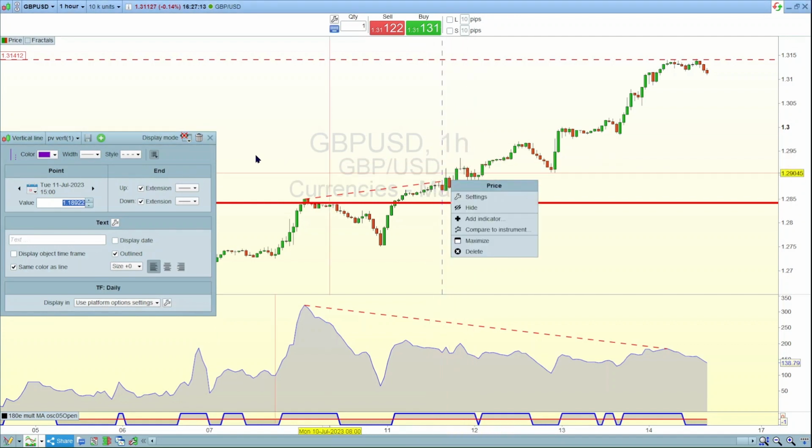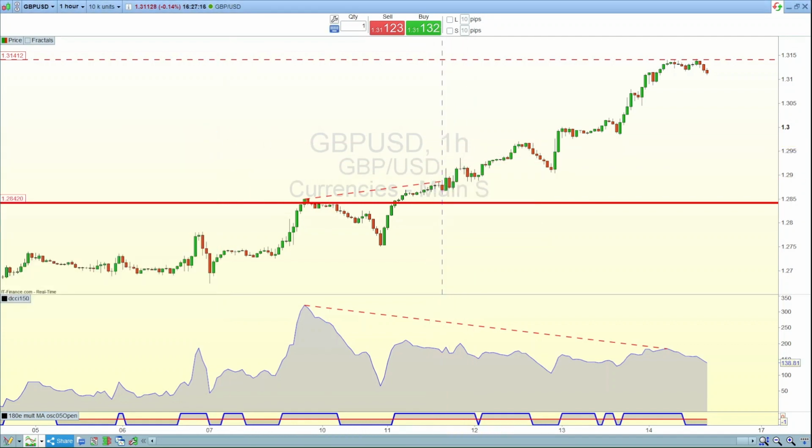It's not going to work. Hang on, let me just... I always love it when it just draws a new one. Let's go up to that level. Okay, obviously that's a bullish divergence on the price versus bearish on the CCI.